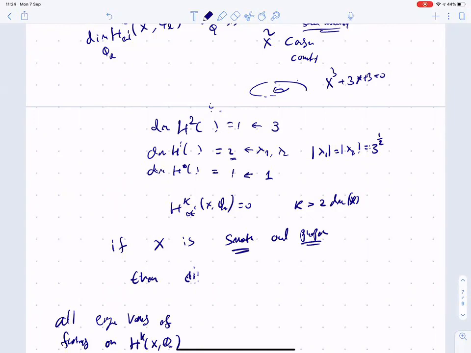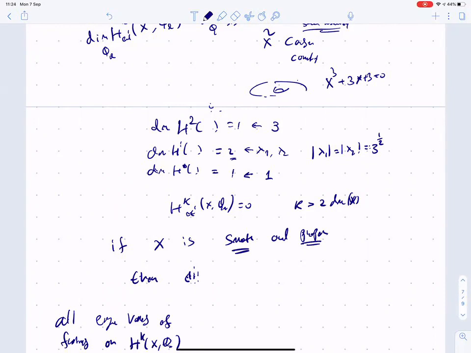As a result, even if we start with something smooth and proper, we're going to have to move through things which are not smooth and proper.